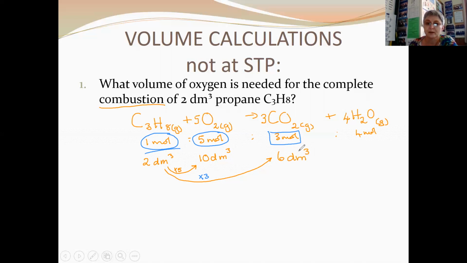And lastly, the water vapor that will be formed is 4 times that of the propane. So it will be 8 cubic decimeters. So we use mole ratios to determine the volumes of gases if we can't work with STP and 22.4. Right, I'm ready to move on to the next example.